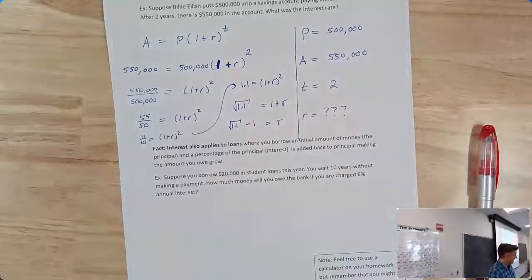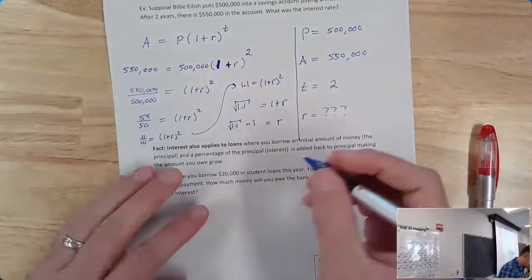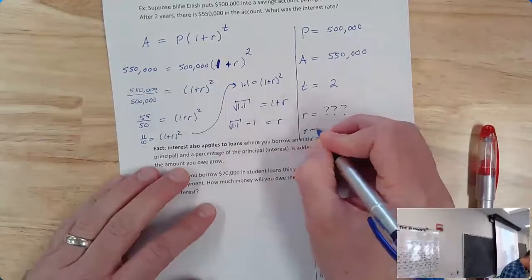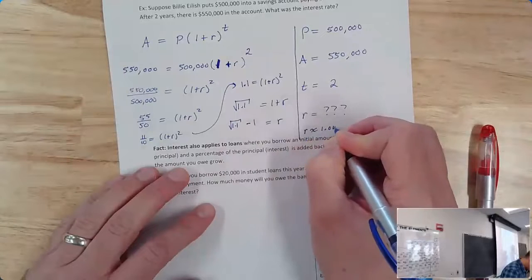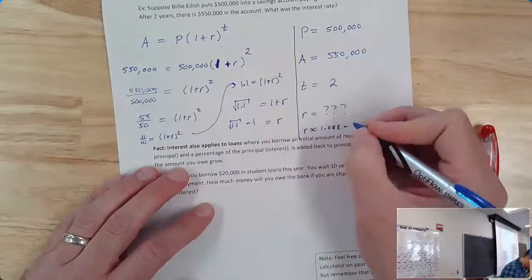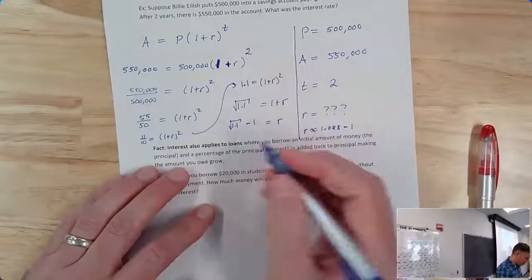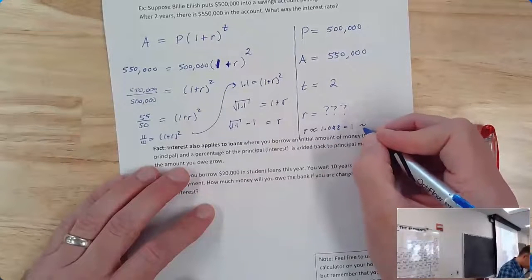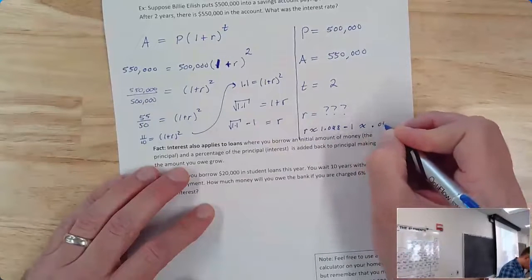And that's my answer, but then I need to use a calculator to actually figure out what that's going to be. So the square root of 1.1 is about 1.048. So this is approximately equal to 1.048 minus 1, which is approximately 0.048.